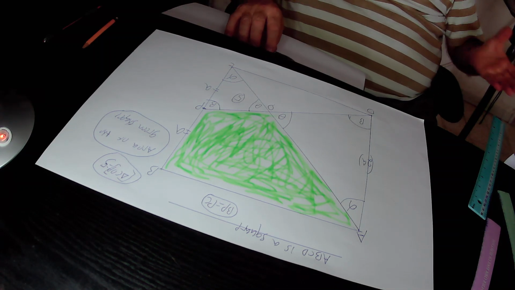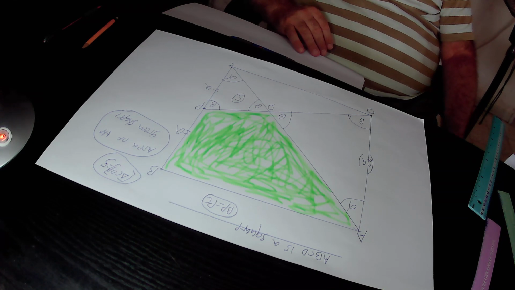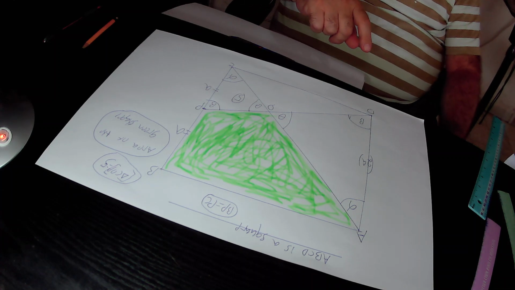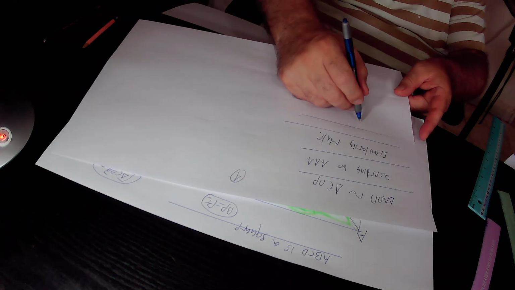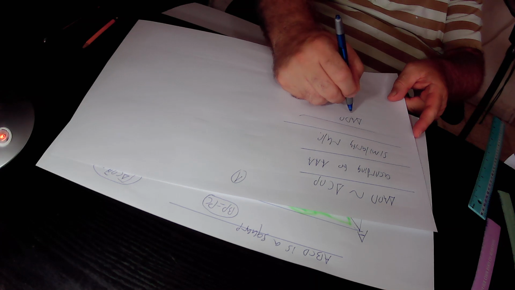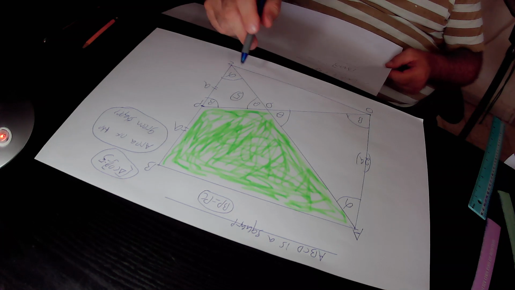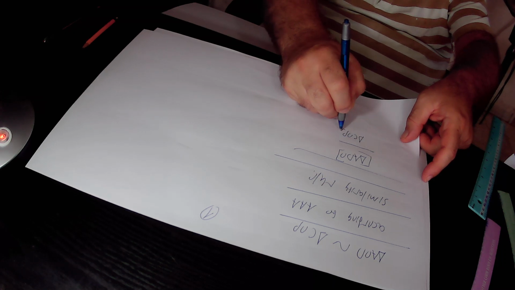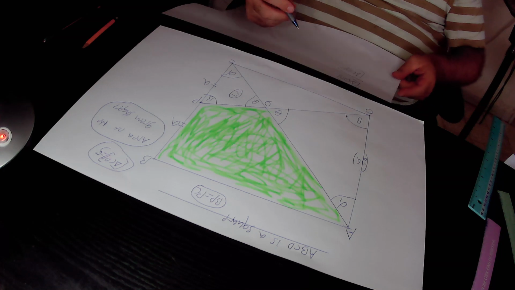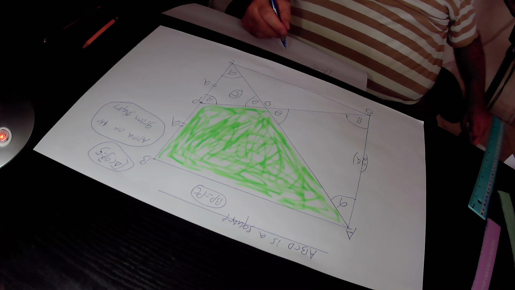And therefore, according to Rule 22, the ratio between the area of this triangle ADO over the area of the small triangle COP is equal to the square of the ratio of their sides.